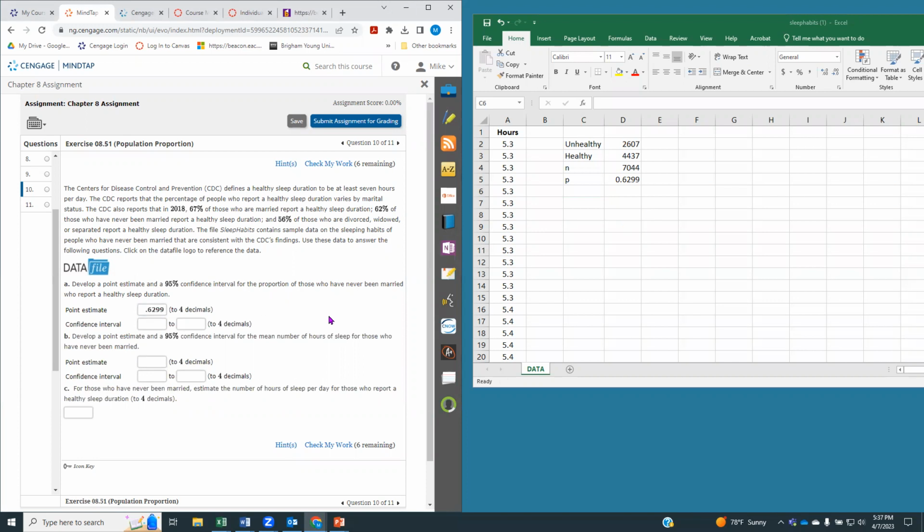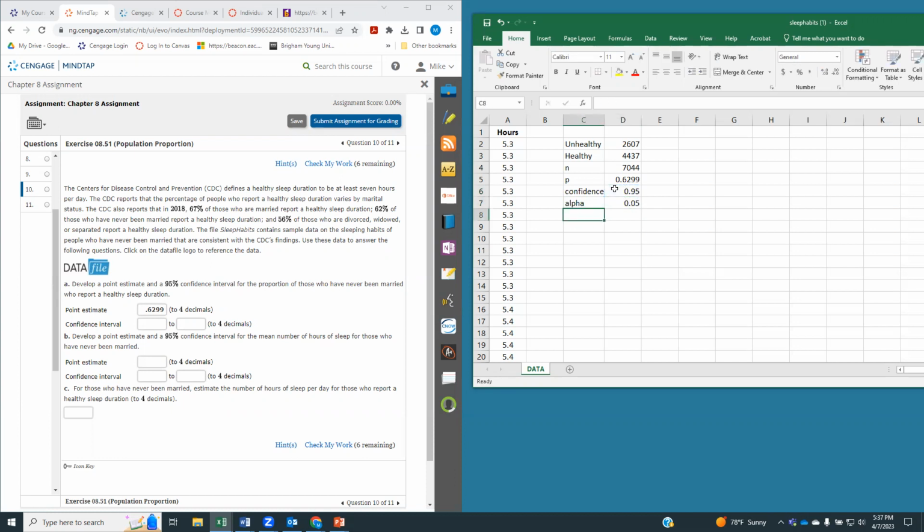And then we're just going to do a confidence interval. So what else are we going to need to do that? If we have our sample proportion and our sample size, we're also going to need our z-score of alpha divided by 2. My confidence is 0.95, which means my alpha is 1 minus my confidence.